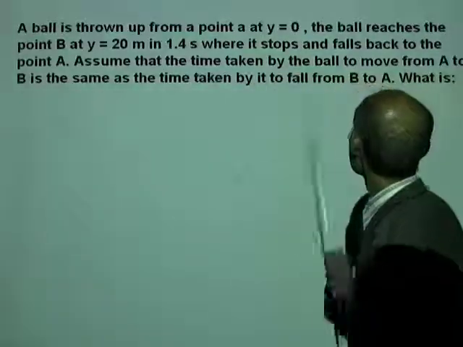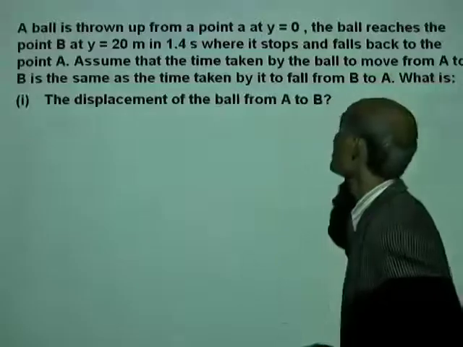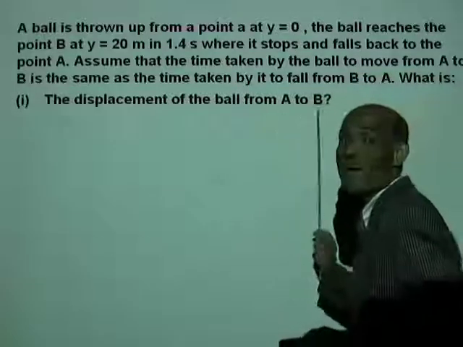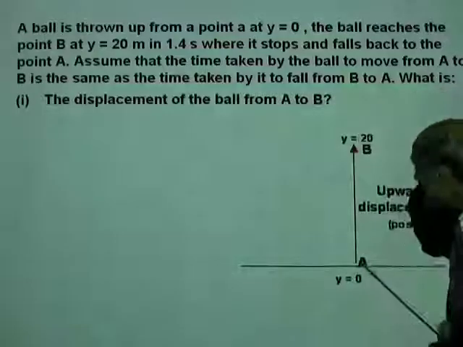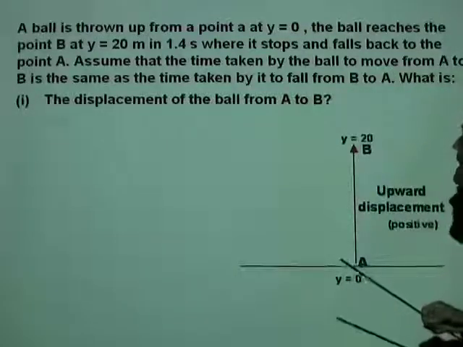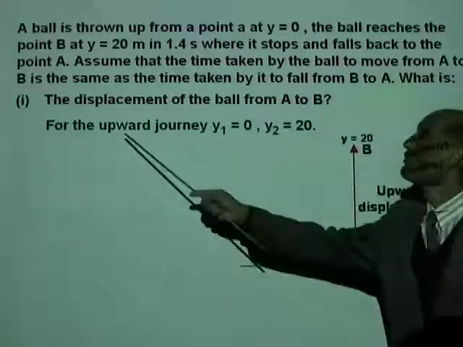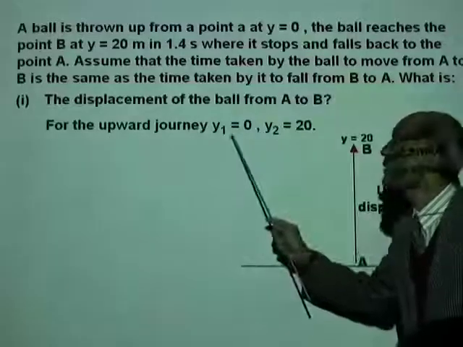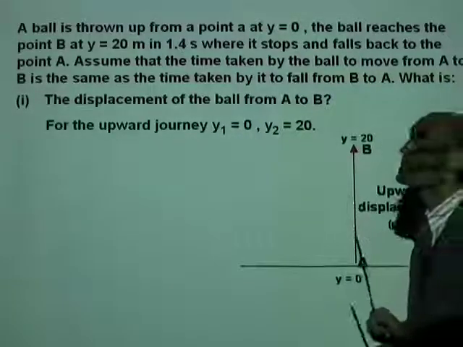Alright, what is the first thing we need to find? What is the displacement of the ball from A to B? Well, A is y equal to 0. B is y equal to 20. So what is the displacement? For the upward journey, y1 equal to 0 and y2 equal to 20.